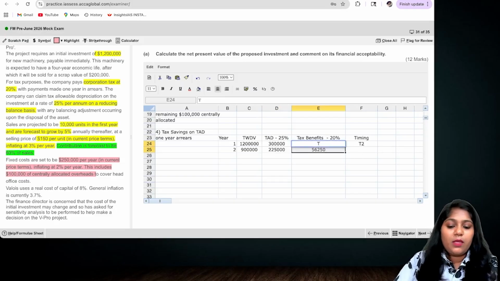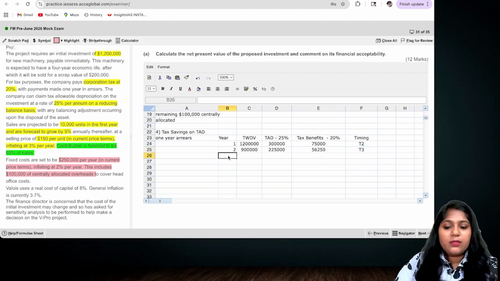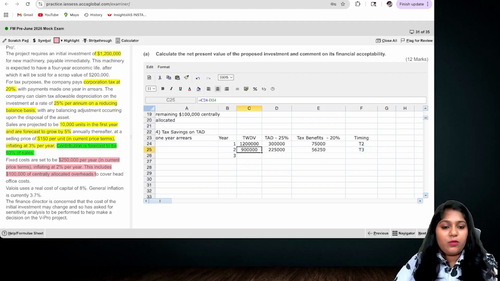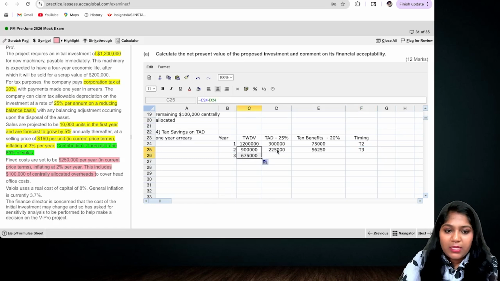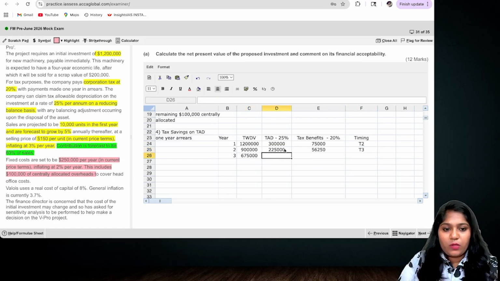And timing will be, just drag it. Be careful when we use the spreadsheet. It's not very user friendly. And year 3, again, I'll have a tax written down value. Just drag it, guys. It is $900,000 minus 225, which is nothing but $625,000. On this 25%, that will be your tax allowable depreciation.